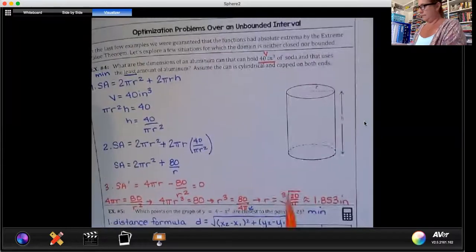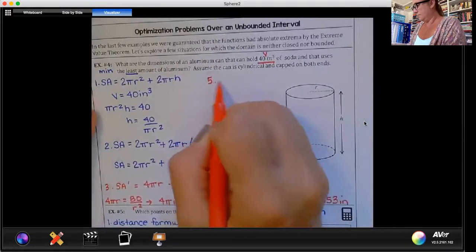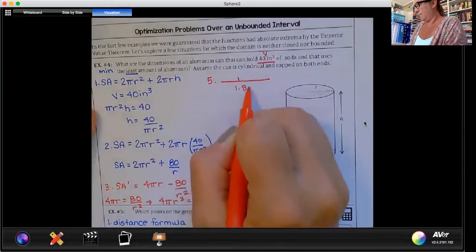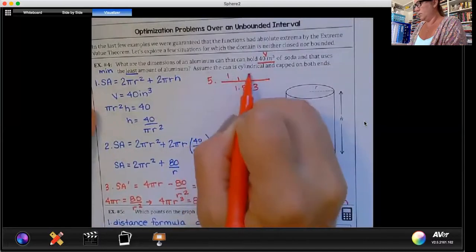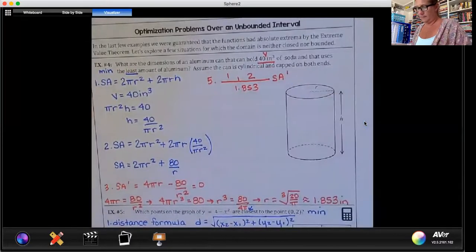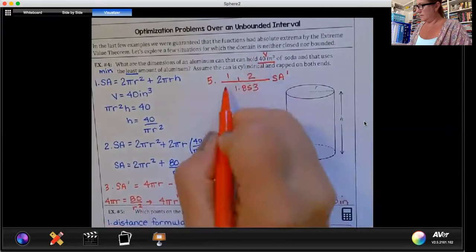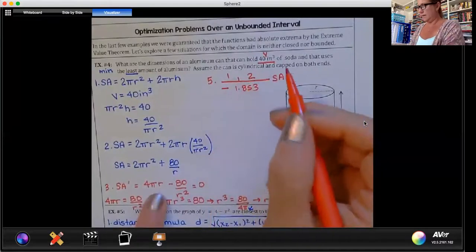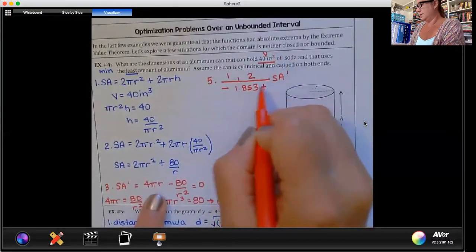Now, we're going to prove that's a minimum. So 1.853, using the numbers 1 and 2, plugging into surface area prime. 1, store as x. So 4 pi x minus 80 over x squared gives us a negative. Storing 2, plugging into SA prime gives us a positive.